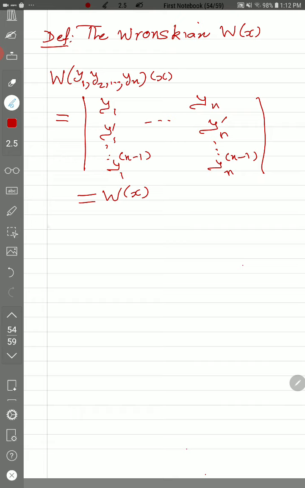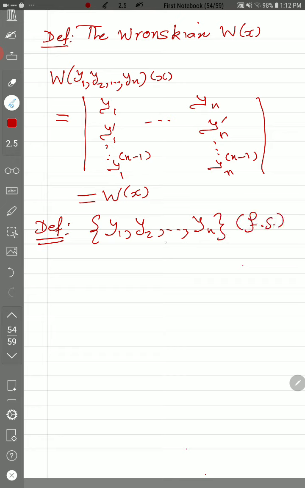Another definition, for the fundamental set. Here you don't have only two solutions, we have n: y1 until yn. A fundamental set or fundamental system is a set of linearly independent solutions for the homogeneous equation.